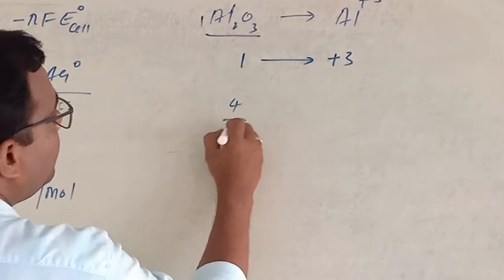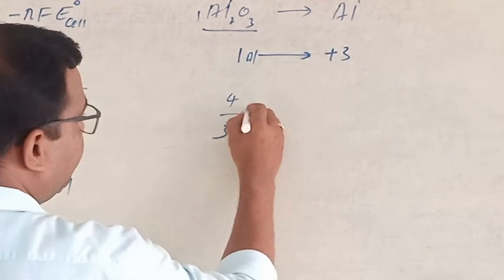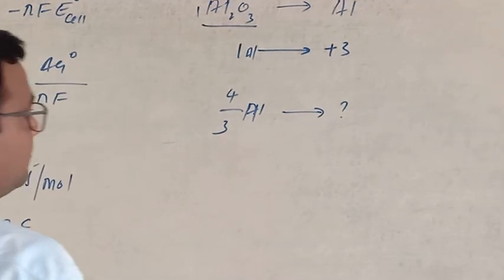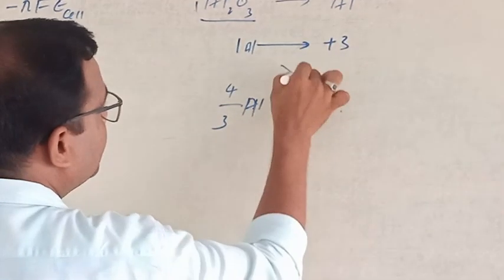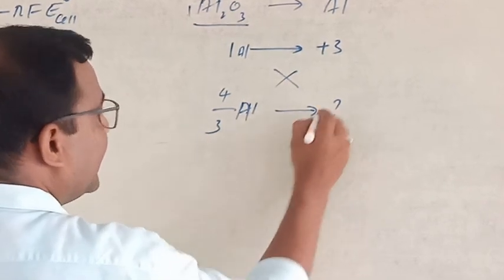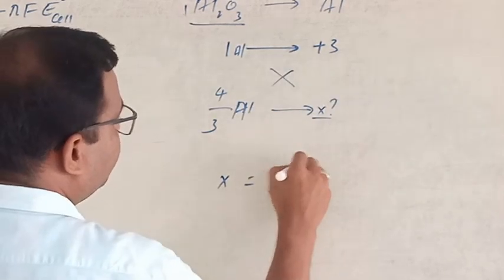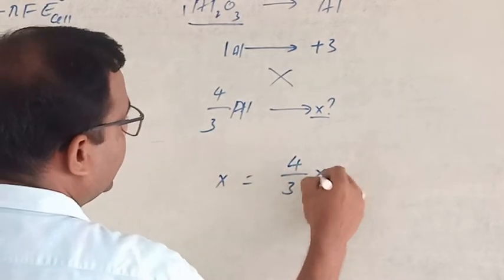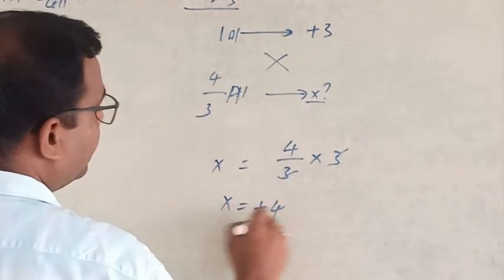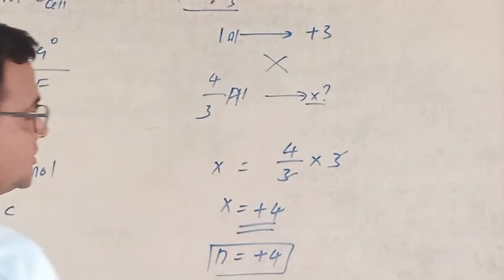Then 4 by 3 of aluminum, one aluminum charge is plus 3, so what is the charge? Once again, very simple multiplication. So cross multiply, let the charge of aluminum be x. So x is equal to 4 by 3 into 3. So 3 gets cancelled, x is equal to plus 4. So the number of electrons exchanged is 4.